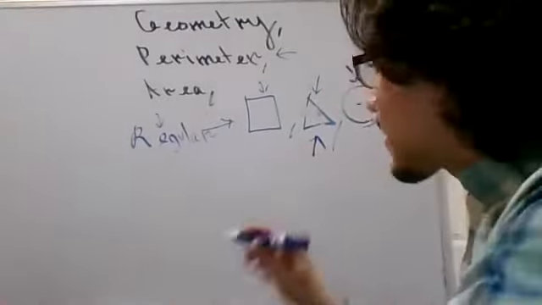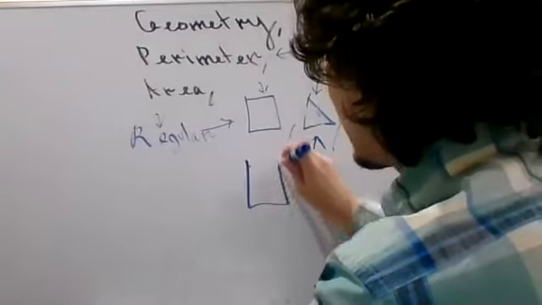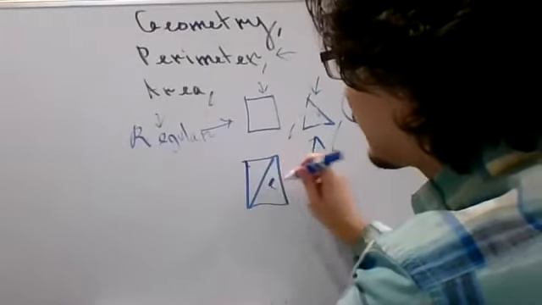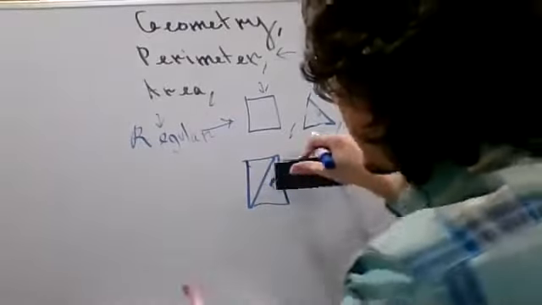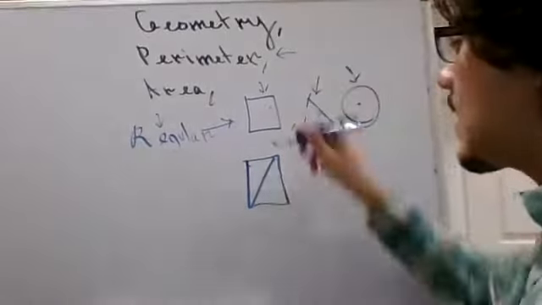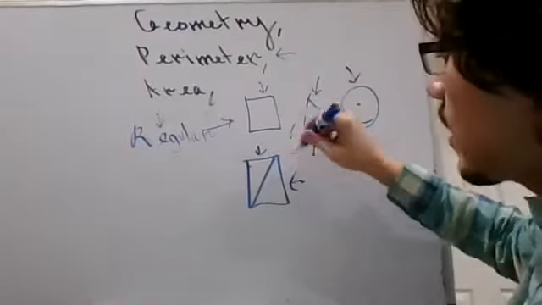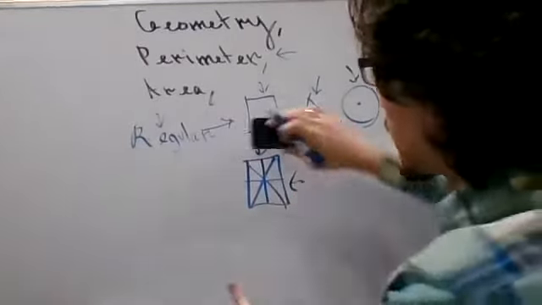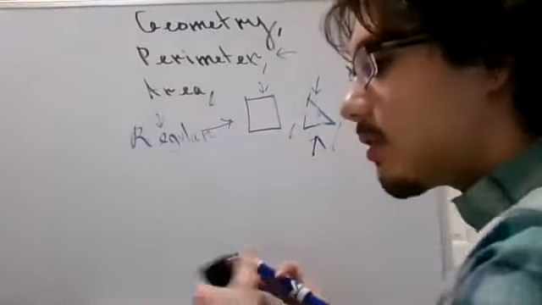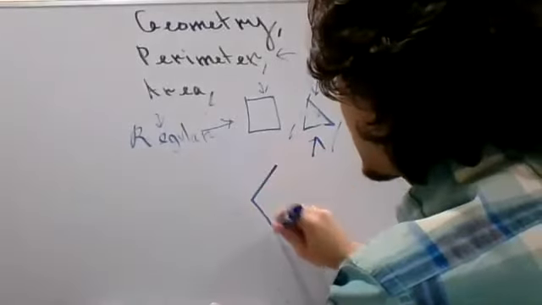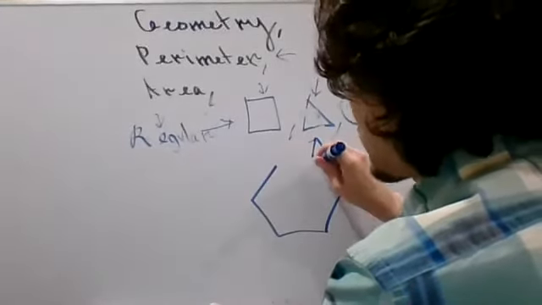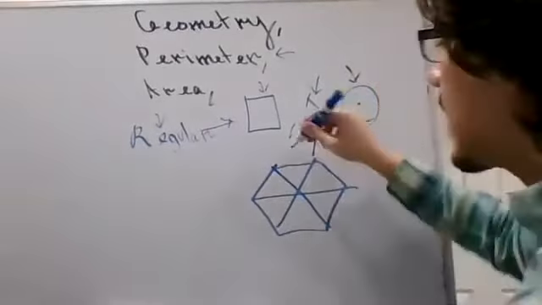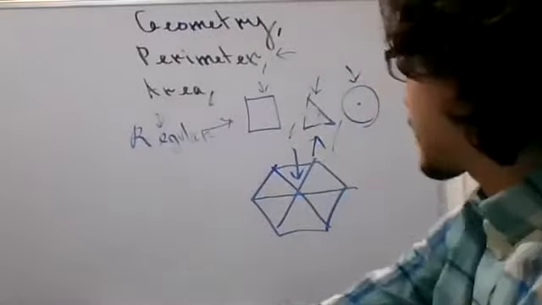So to show this, we have our square, which we can cut in half to make a perfect triangle. Or not a perfect triangle, a right triangle. And we can see that the square becomes two right triangles. We can do this again and so forth, and we get only triangles. If we do this with a different shape, let's say a hexagon, which was a problem that we did in the last class, if we divide it up into its corners, it is built up of 6 perfect triangles.